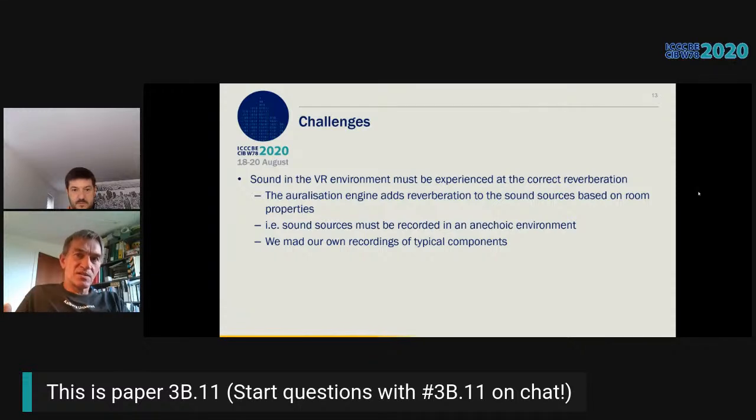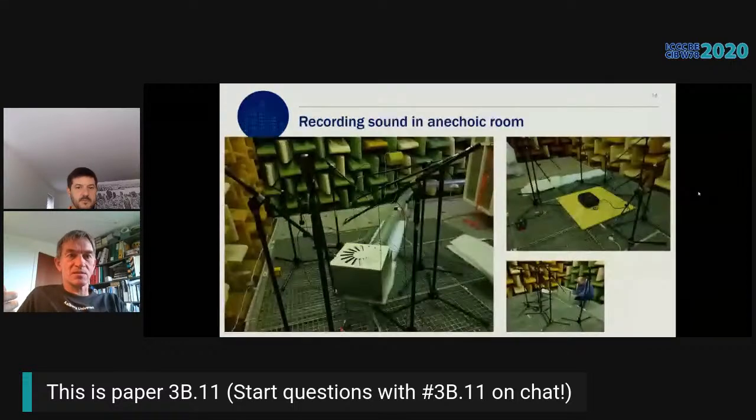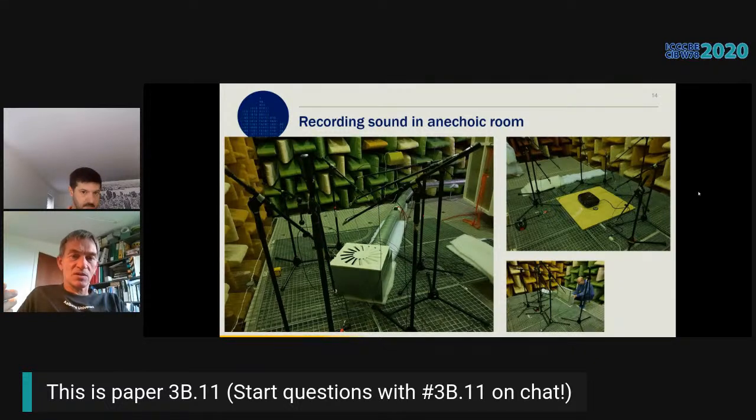According to reverberation time, the acoustic engine simulates or adds reverberation to the sounds we have put into the system. This means we must not have reverberation included in the recording. So we needed recordings from an anechoic room.